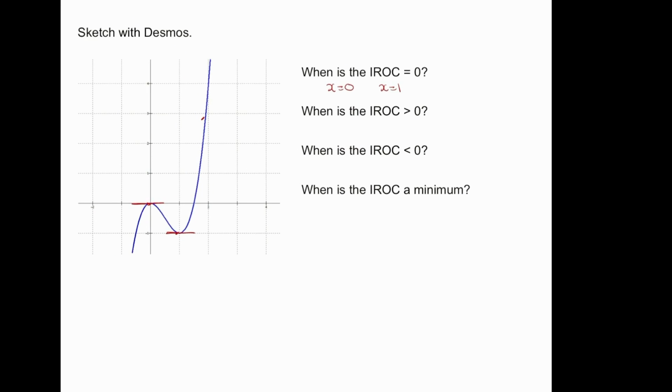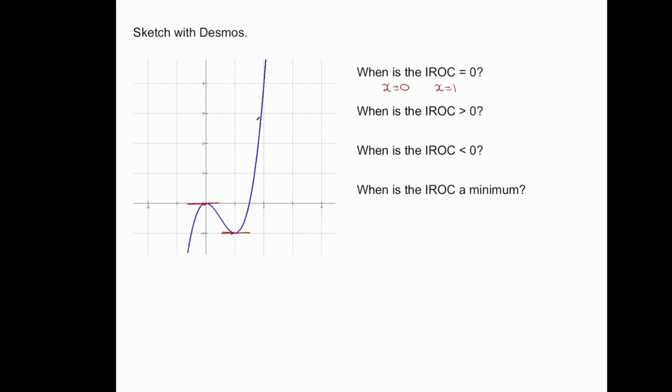Now we want to know, when is the instantaneous rate of change greater than 0, or when does it have a positive slope? When does that tangent line, if I put a tangent line on any point in this section, have a positive slope? And what we're looking for is where it goes upwards. So we can see that from 1 upwards to infinity, because remember this is going to keep going forever and ever, to positive infinity, we have a positive slope there.